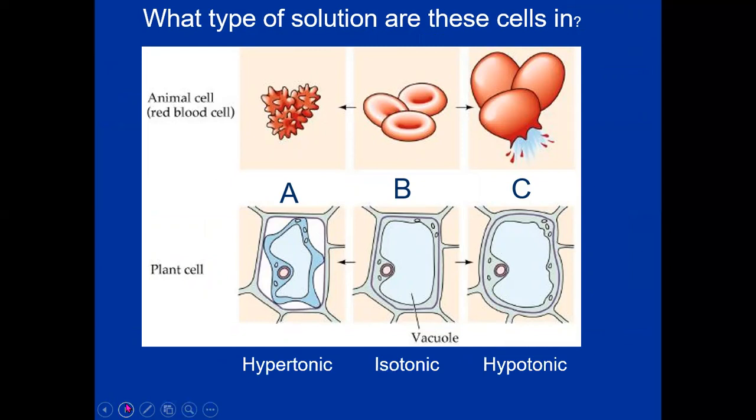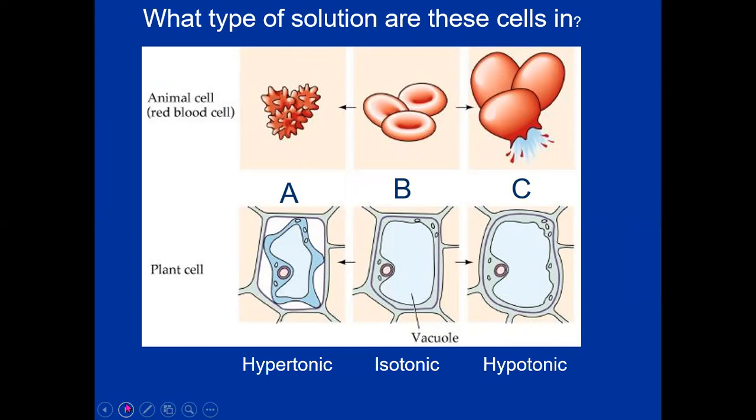You can say, for example, for the animal cell, when it is placed in a solution that is hypertonic, it will shrink because it loses water. The plant cell becomes plasmolysed.